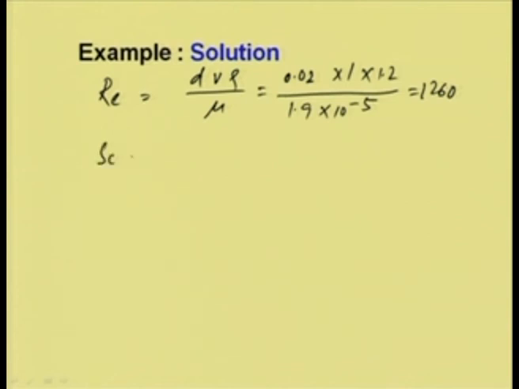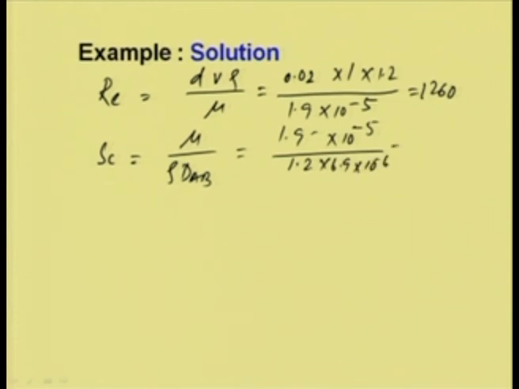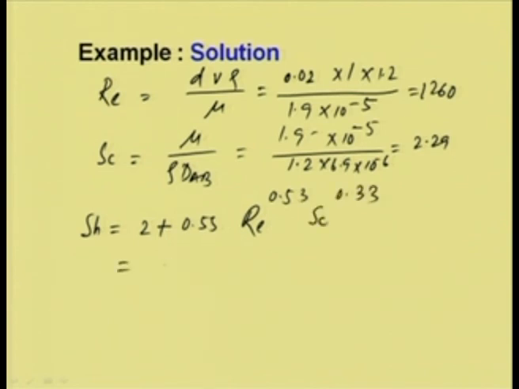Schmidt number we can calculate as mu by rho D A B, equal to 1.9 10 to the power minus 5 divided by 1.2 into 6.9 10 to the power minus 6, so it will be 2.29. Sherwood number, as per the equation given, is 2 plus 0.55 Reynolds to the power 0.53 and Schmidt to the power 0.33. Substituting the data, it will be 33.9.